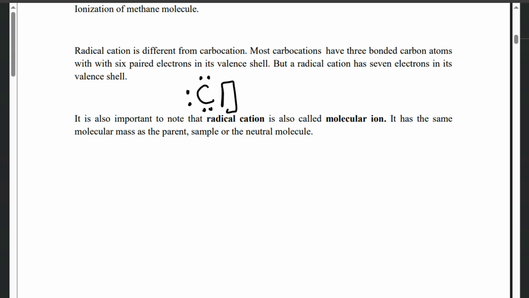Most carbocations have 3 bonded carbon atoms with 6 electrons. So here is a carbocation, and there is an empty orbital here. Most carbocations have 3 bonded carbon atoms with 6 electrons in the valence shell. But a molecular ion or a radical cation is basically this.